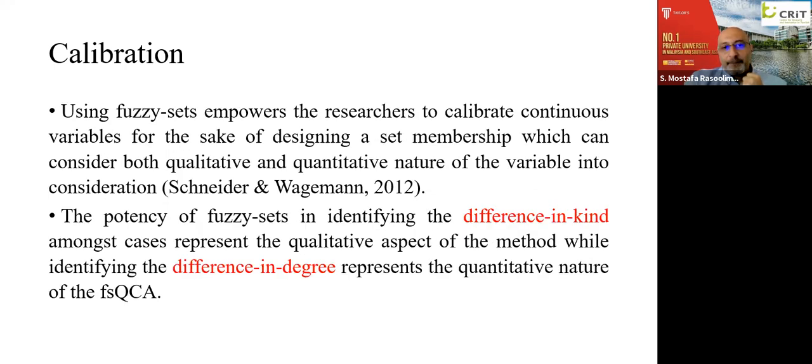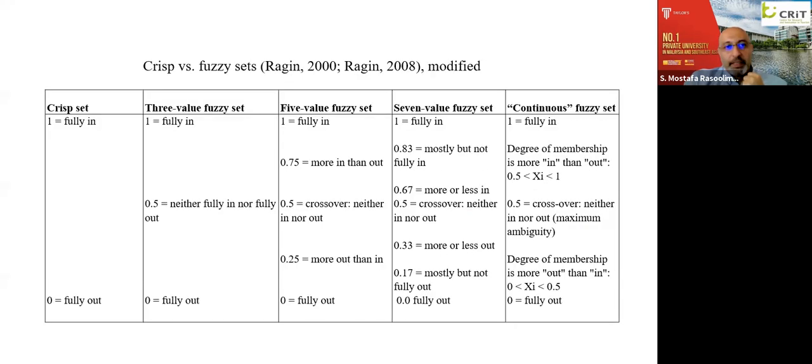Here is a table that shows different methods for this calibration. You can see the first one is for crisp set. We have only 1 and 0. 1 is fully in, 0 is fully out.